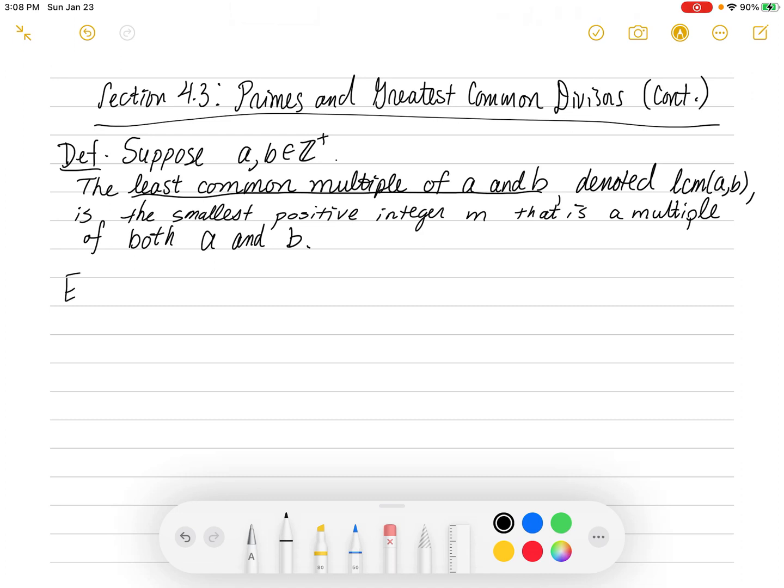So we want to get a feel for the least common multiple. Let's do an example where we find the LCM of 12 and 18.